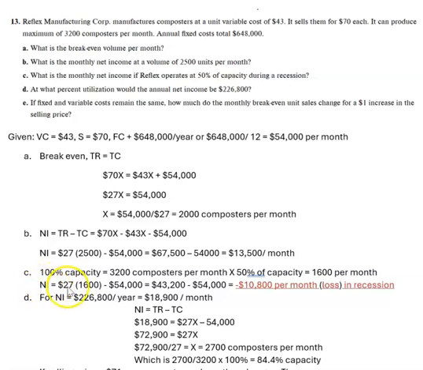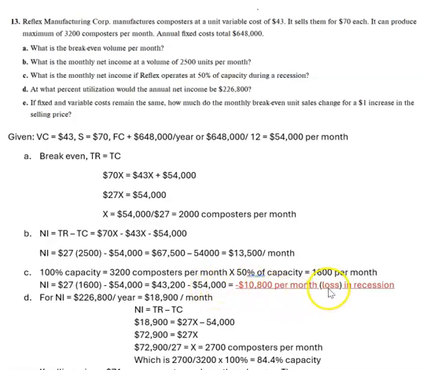So net income, again, the 27x, which is the 70x minus 43x. So 27, put in the x spot the 1,600, minus off the fixed cost of 54,000. Multiply that out, gives us 43,200 minus 54,000.